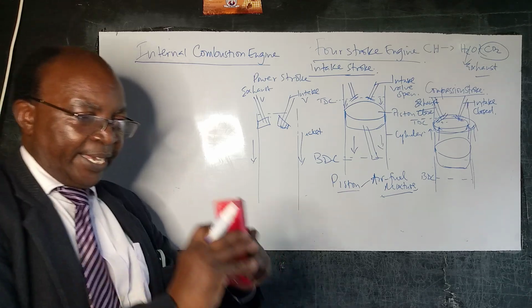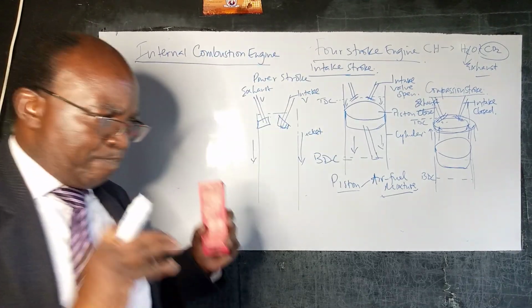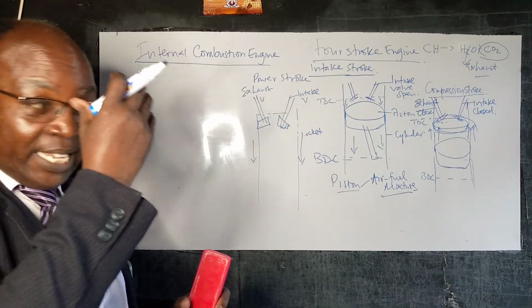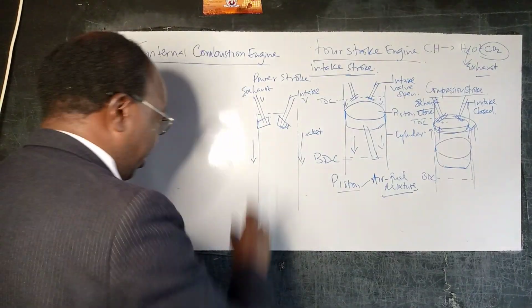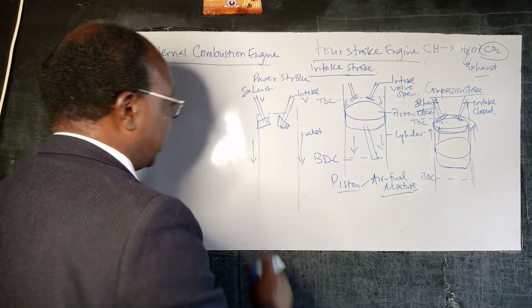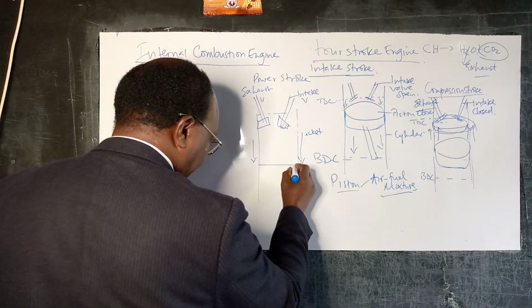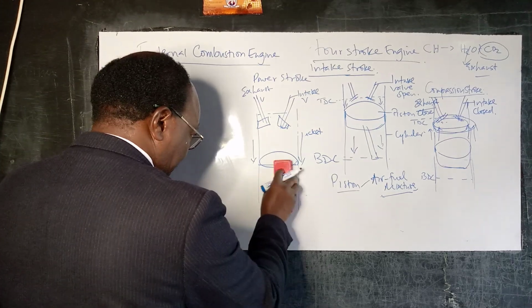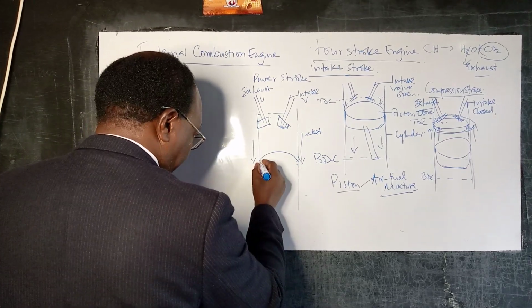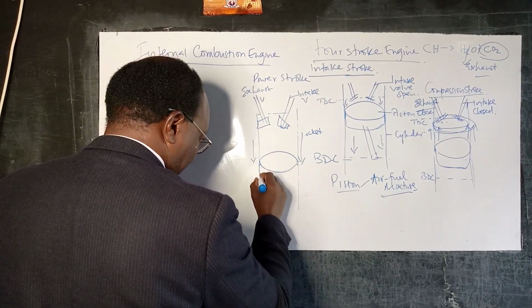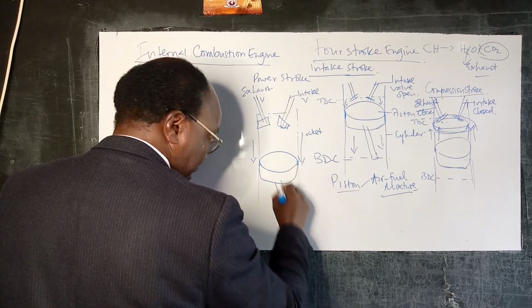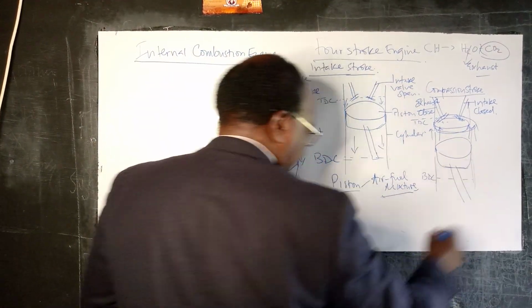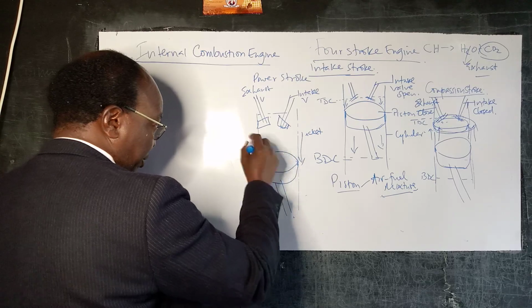The air fuel mixture is ignited, they burn out, producing gases. A high pressure system is generated in the system. The piston is pushed down. Don't forget the rod.